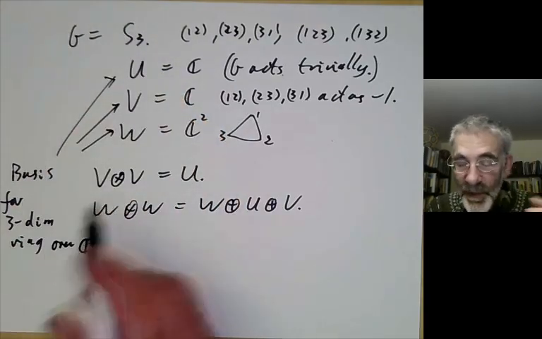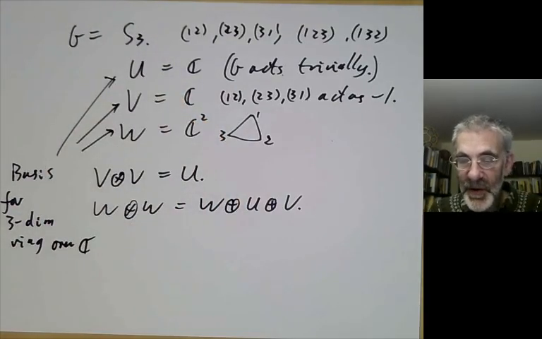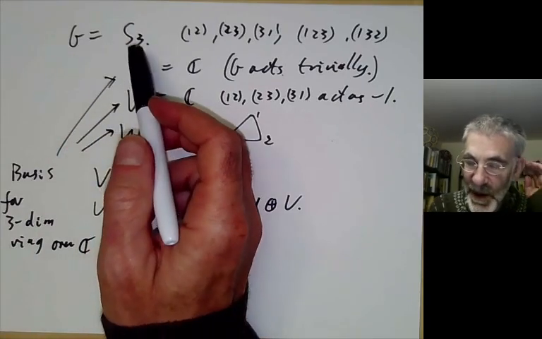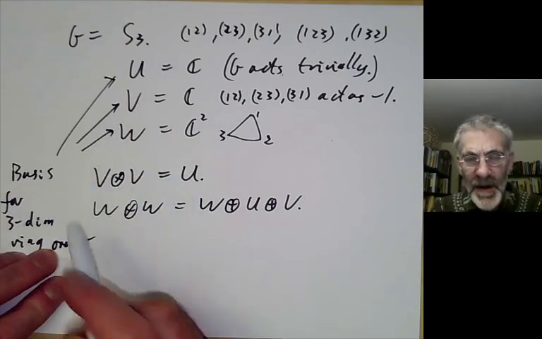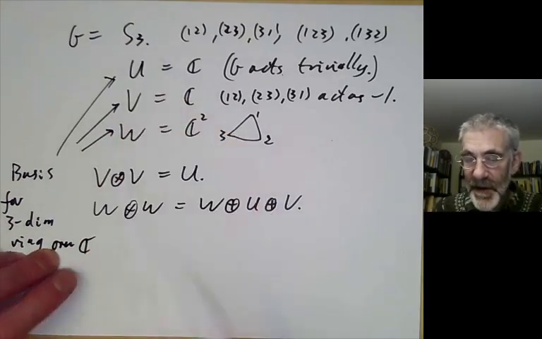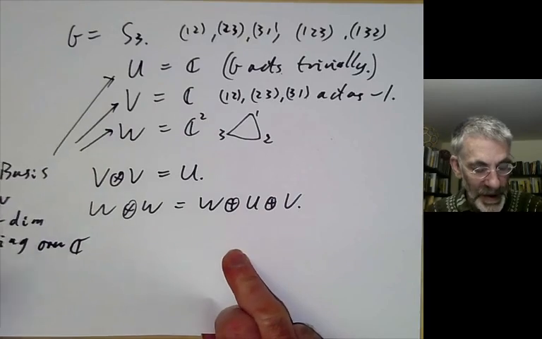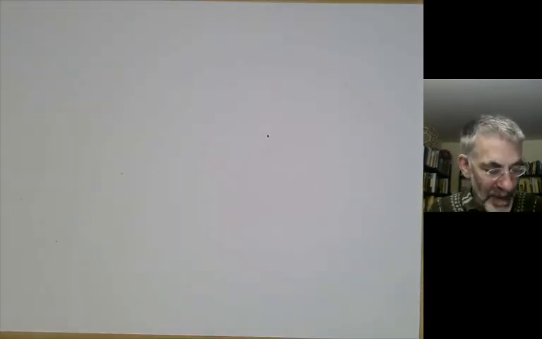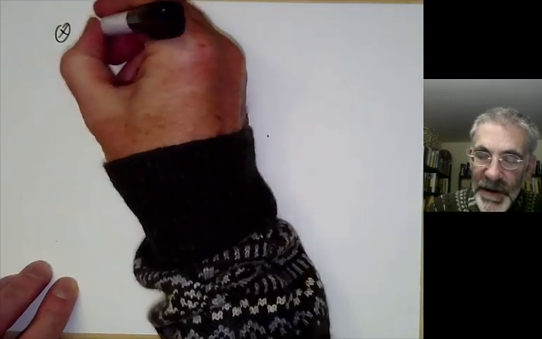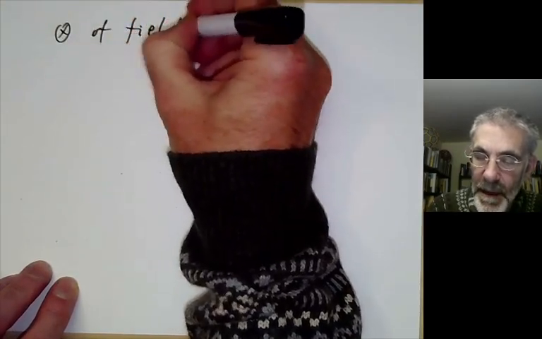So representation theory of finite groups spends a lot of time trying to work out representations of other groups. I've actually got a series of lectures on representation theory that discusses this in more detail if you want to know more.